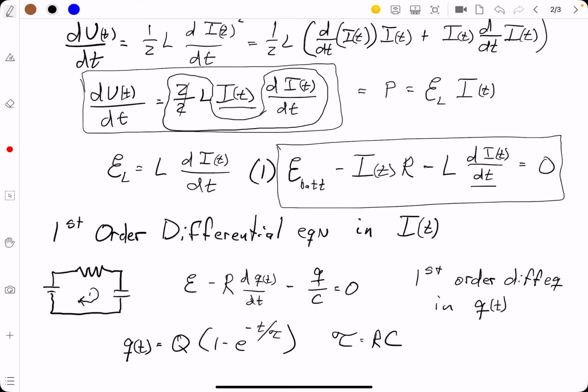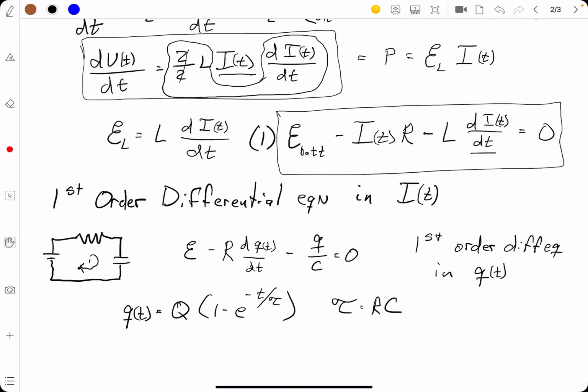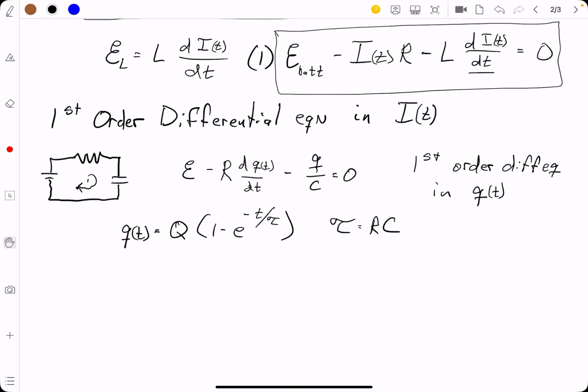And so this time we're going to end up with a similar solution for equation 1. So what do we get? Let's deal with equation 1. Let's just solve it for L d dt of I of t.